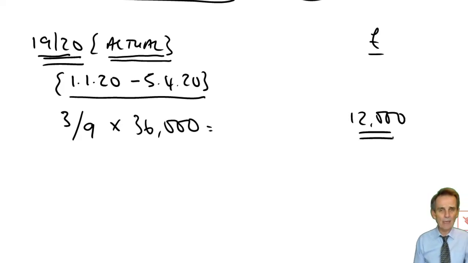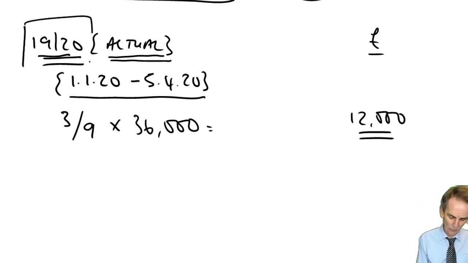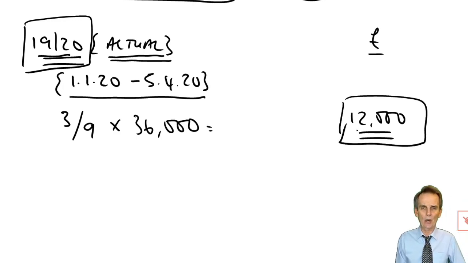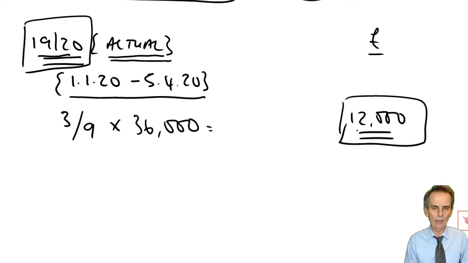What does that mean? It means that if you were required to prepare the income tax computation for the 19-20 tax year, you now know that £12,000 is the tax adjusted trading profit to include upon the income tax computation for that tax year.